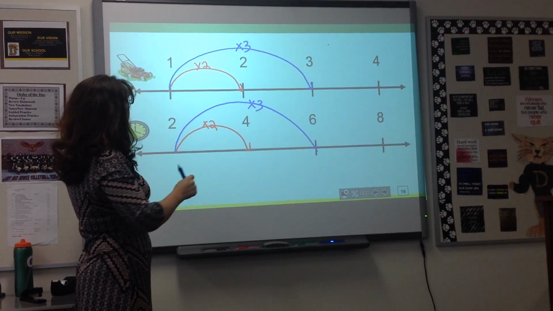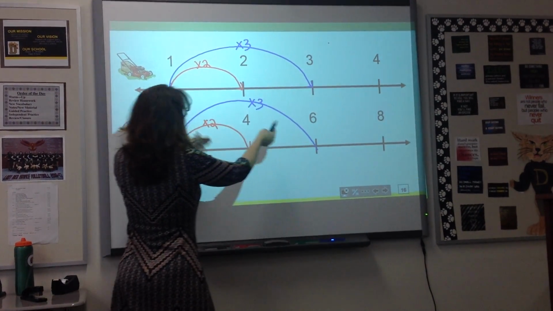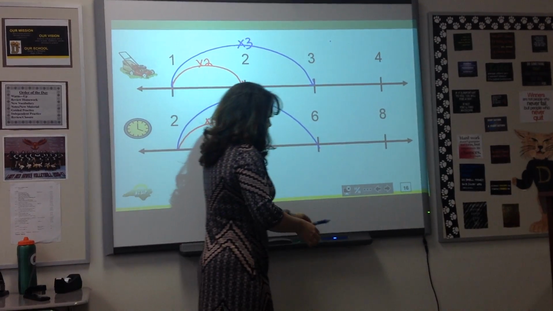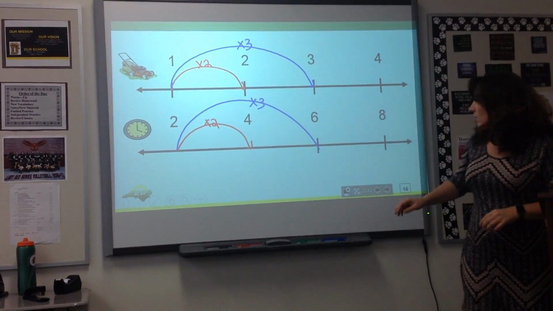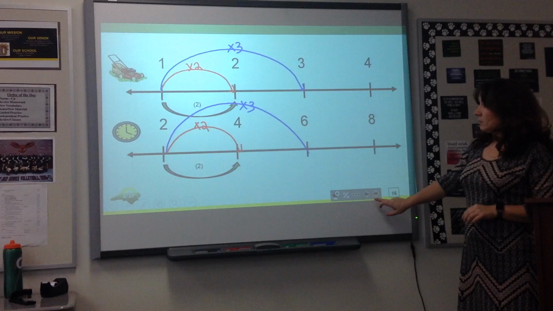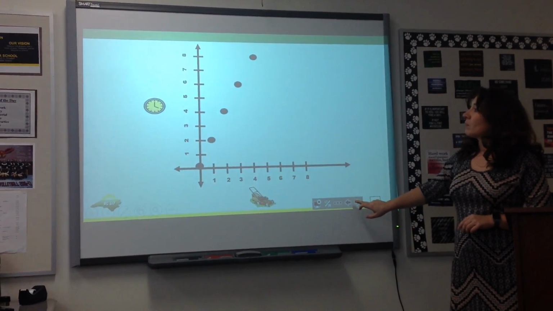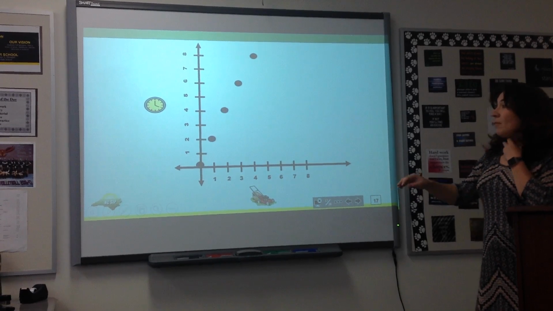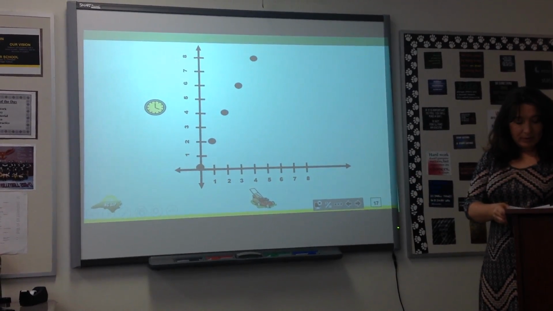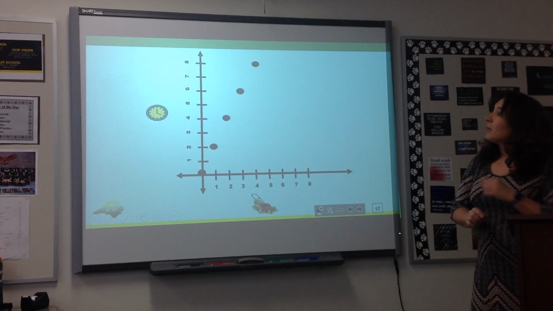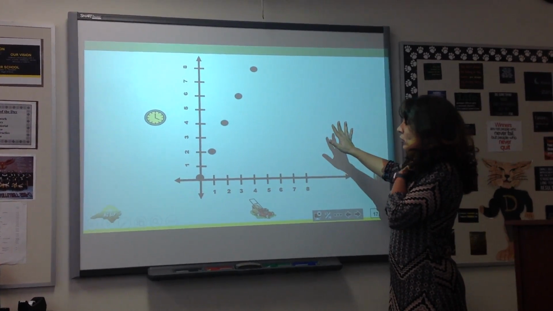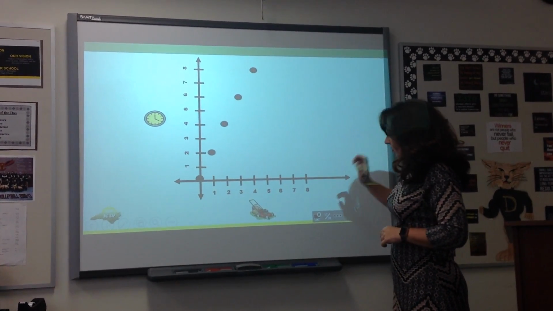So I'm comparing lawns to lawns, hours to hours. Okay? We can even see that in our work with the coordinate plane and the ordered pairs.